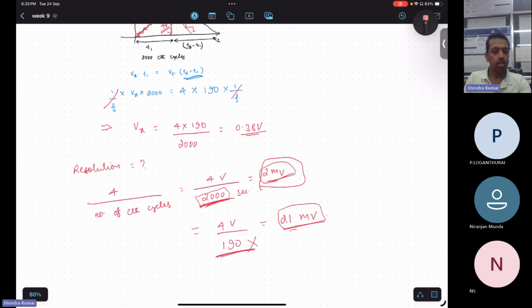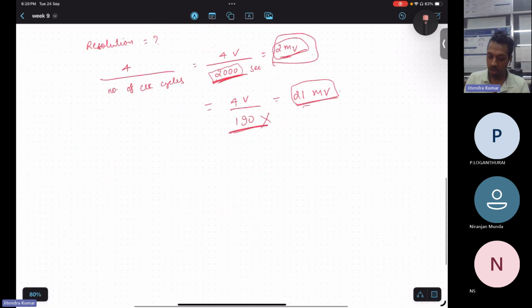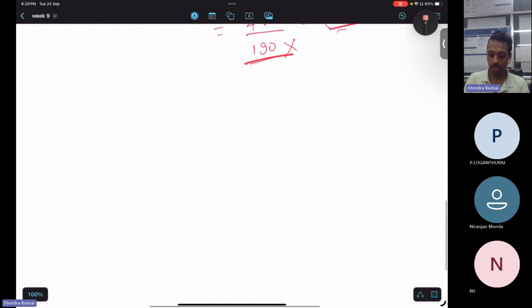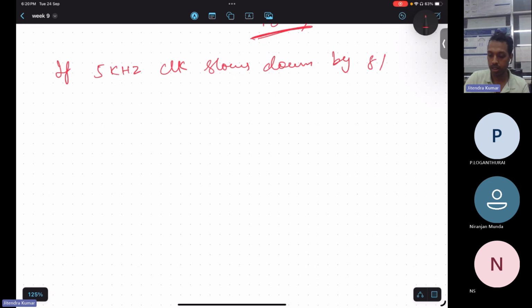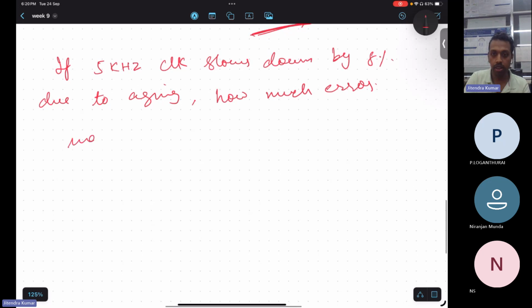Moving on, there is one more conceptual question. If this 5 kHz clock slows down by 8% due to aging, with time, let us assume that clock pulses slow down by 8%, how much error is going to be introduced in the meter reading?